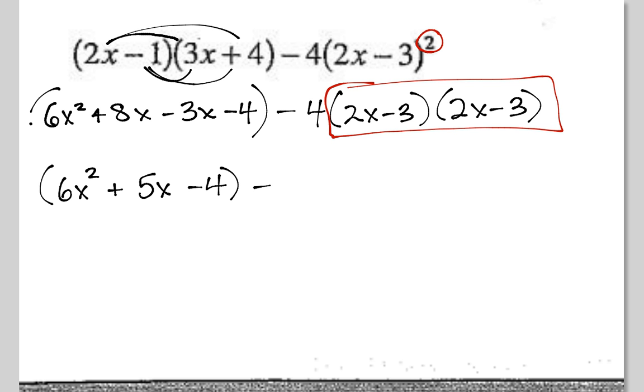Do the FOIL first, because if I put the 4 in there, then I have an 8, and then it's 8 times, it's just easier to do these two because they're simpler. So just take care of that. So you leave that 4 on the outside, and let's put the answer to the red box in this bracket. And let's stay super organized with brackets like this.